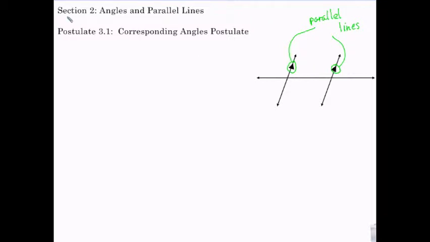Okay. Then we have what's called the corresponding angles postulate. If you do or don't remember, we defined a postulate as a statement accepted as true. We don't have to prove these. We accept that they're true.